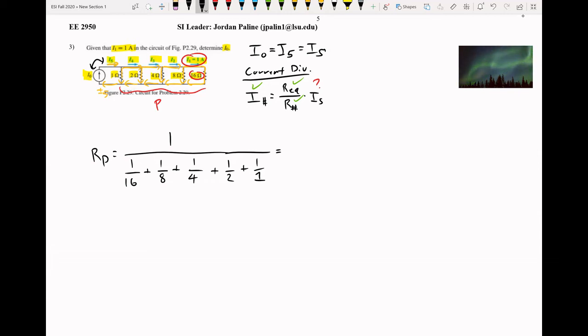I'm going to pause real quick and type in my calculator, and I'll be right back with the value. Okay, so our value is going to be 0.516 ohms for R parallel, which is equal to the R equivalent in our case.